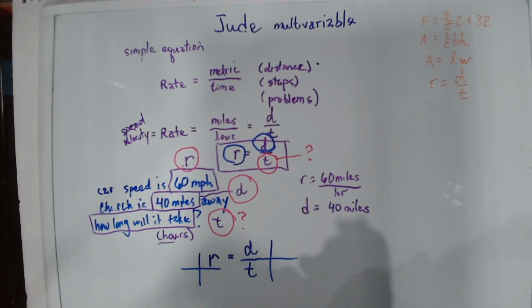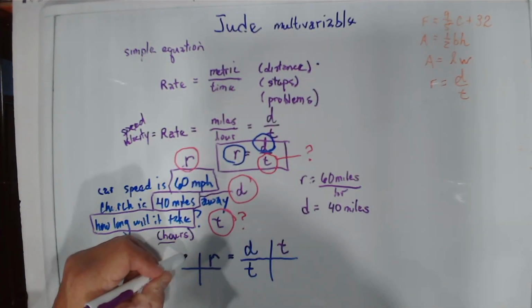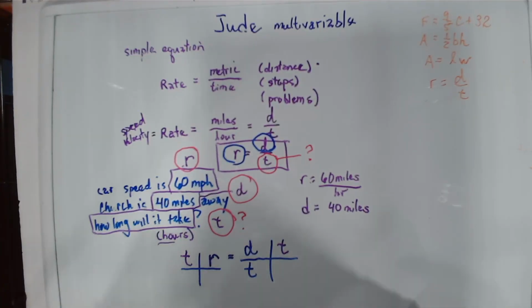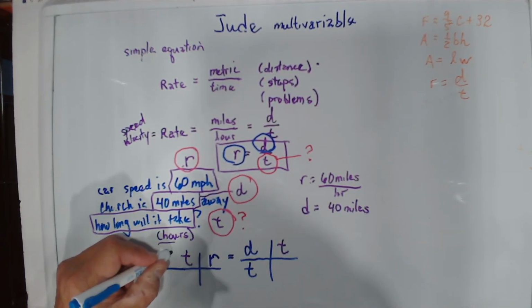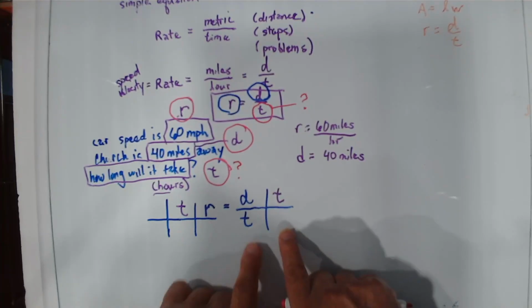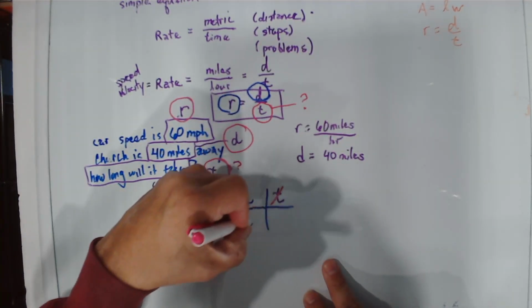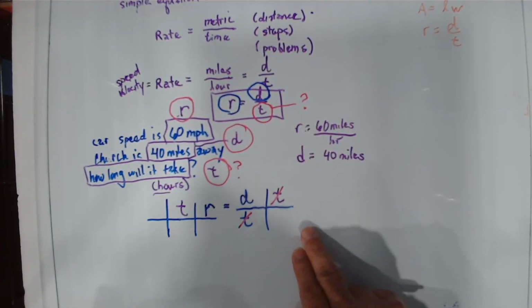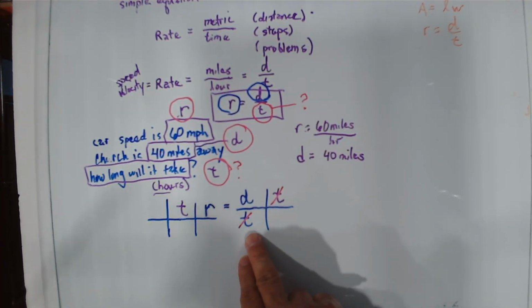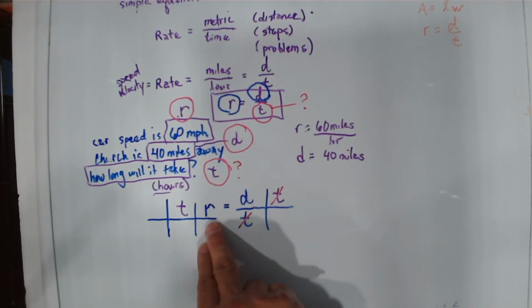I'm going to multiply this side by T and this side by T, and I'm going to extend our line out this way. Okay. So what do we see on this side? You can see here that we did that so we can cancel out the T. Okay, good. So now we got T canceled out, but on this side we have a T and an R.